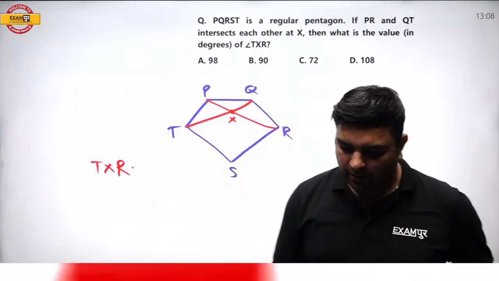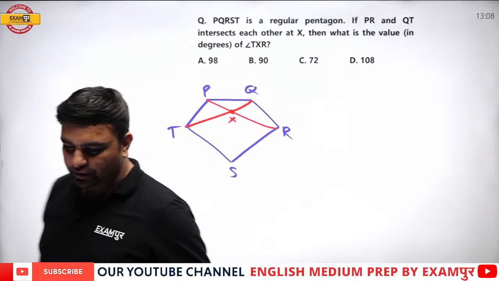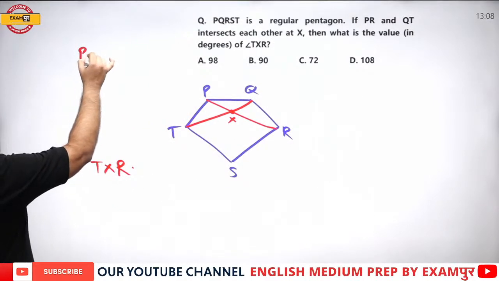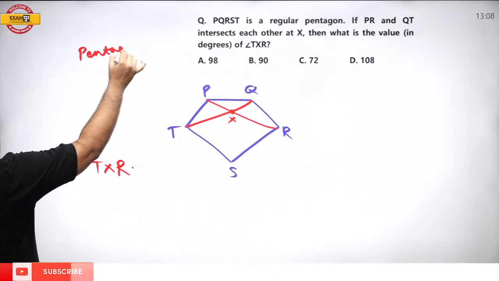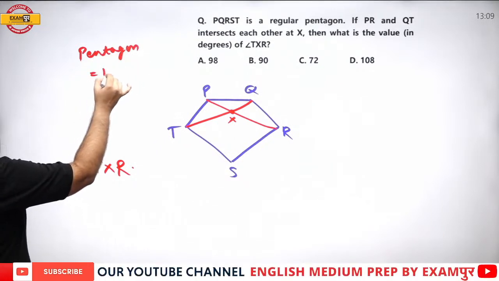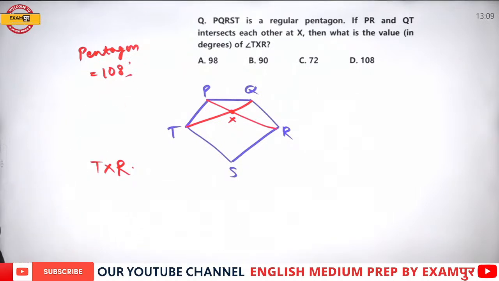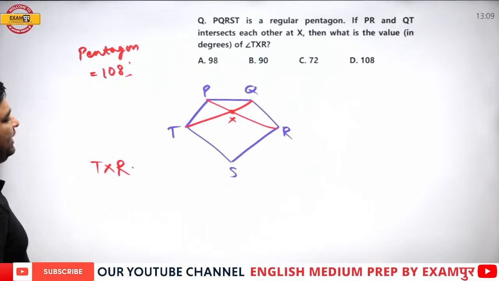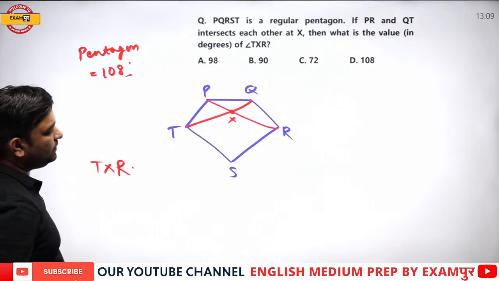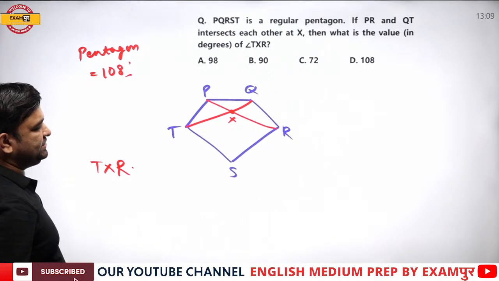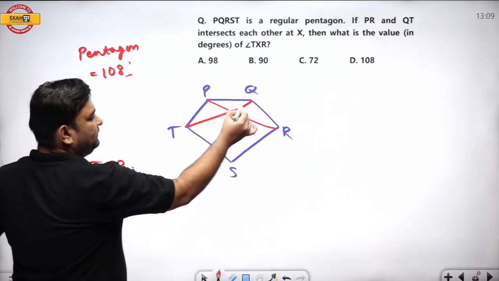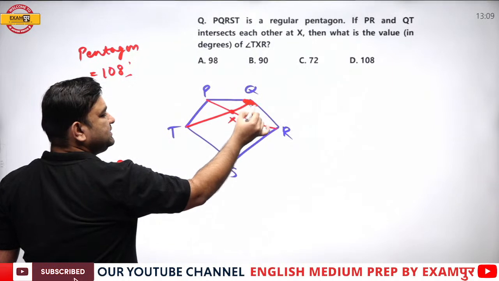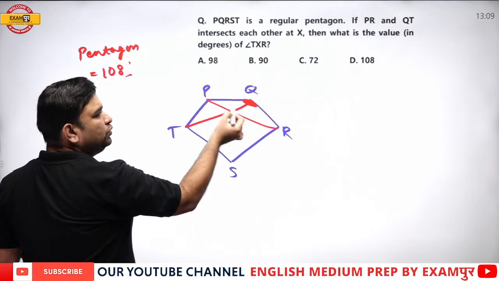Guys, what is each interior angle of a pentagon? Each interior angle of a pentagon is 108. So, if this is 108, what is the other two?